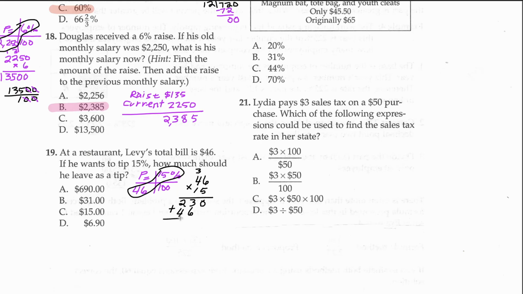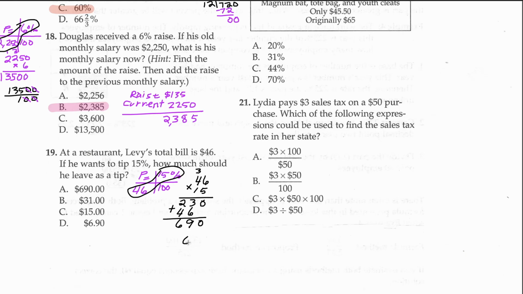Add up. So now we have 0. We have 9. We have 6. So that's 690 for now. But remember, we need to divide by 100. So that's step 2.